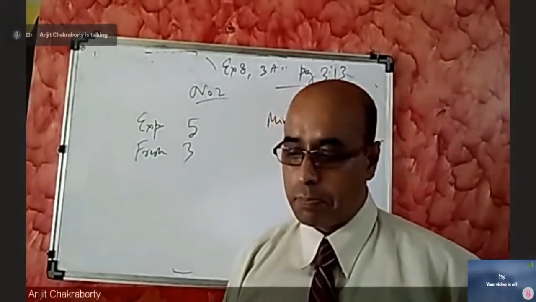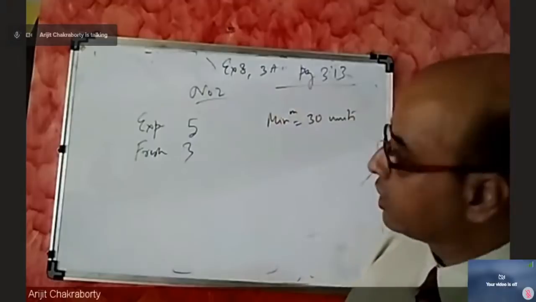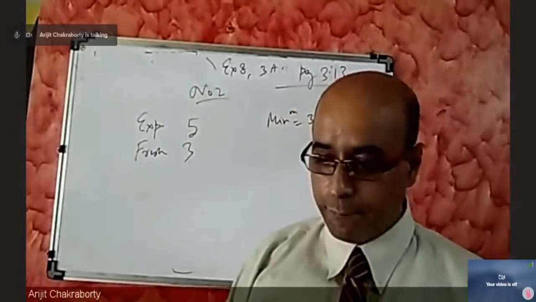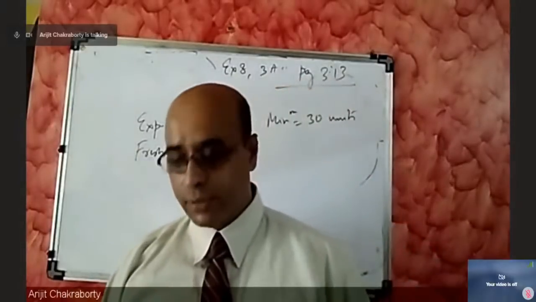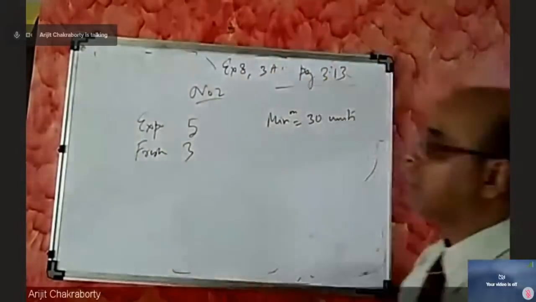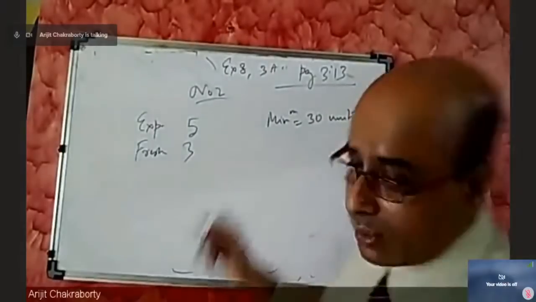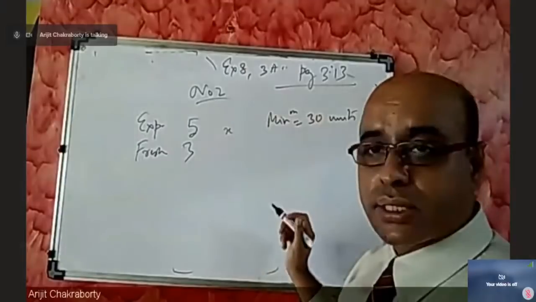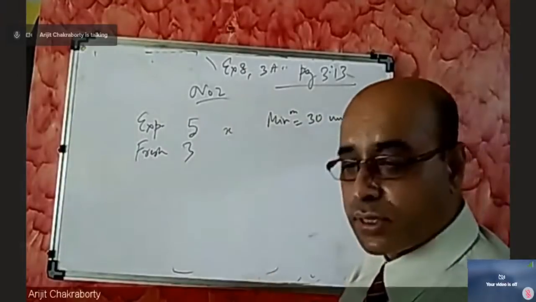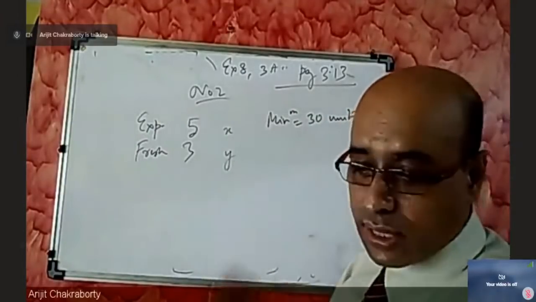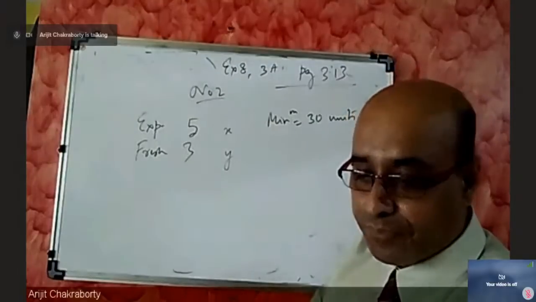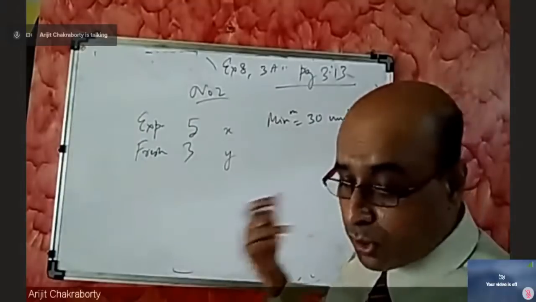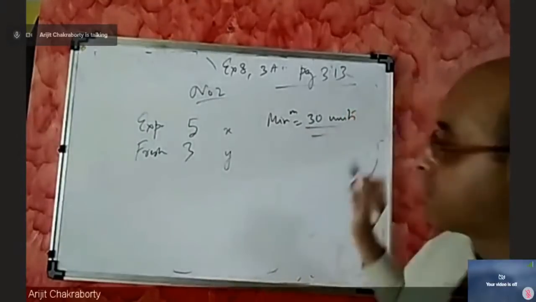If we consider X as the number of experienced persons working, and Y as the number of fresh persons working, then the total output has to be at least 30 units.